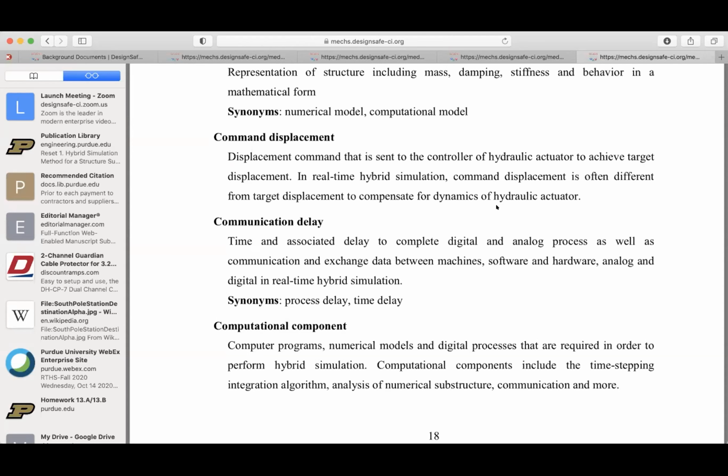Some groups develop their own hydraulic control, while some other groups use a dSPACE card or SCRAMNet card, something like that. So learning these basics is one thing, but unless someone really puts their hands on and tries to do something, it's really hard to assimilate the topic.